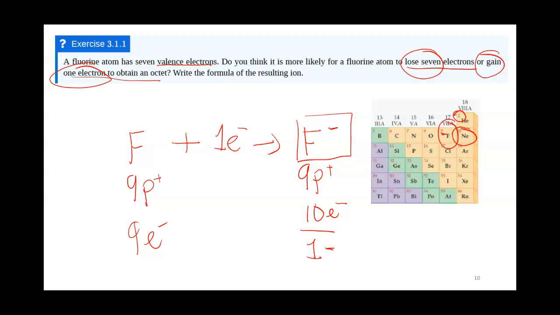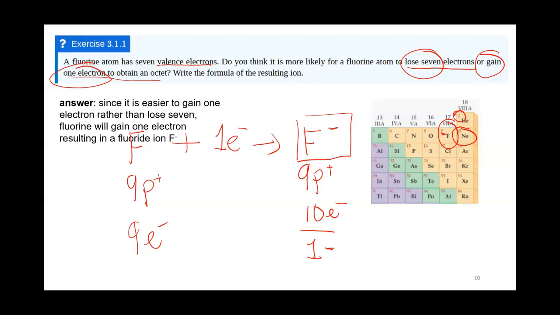So I think that it is much more likely that fluorine will gain 1 electron rather than lose 7. And when it does, it will form the F- anion.